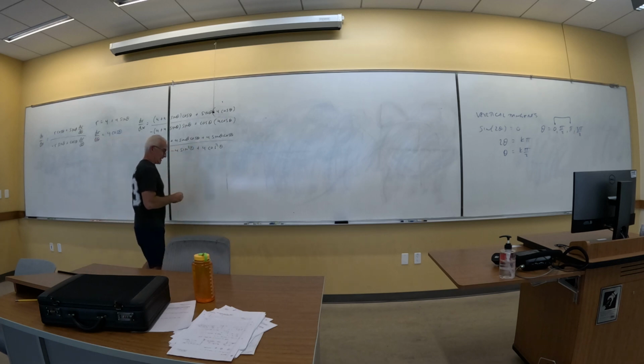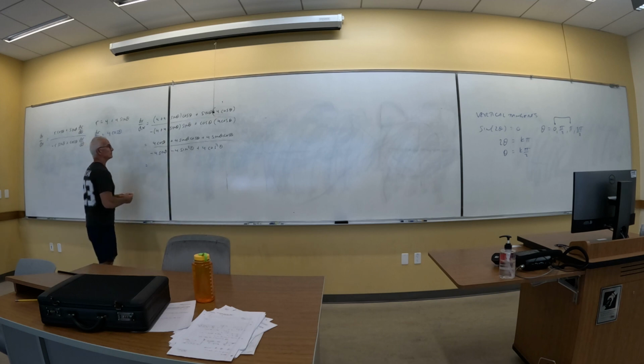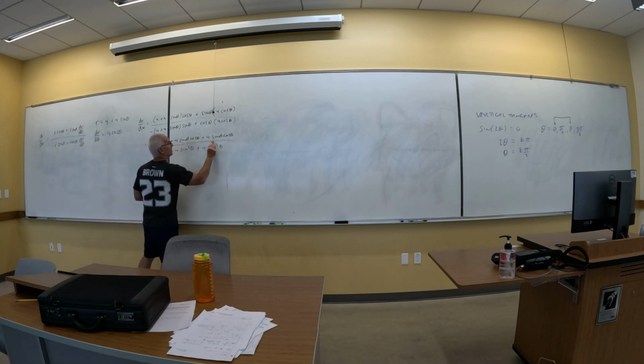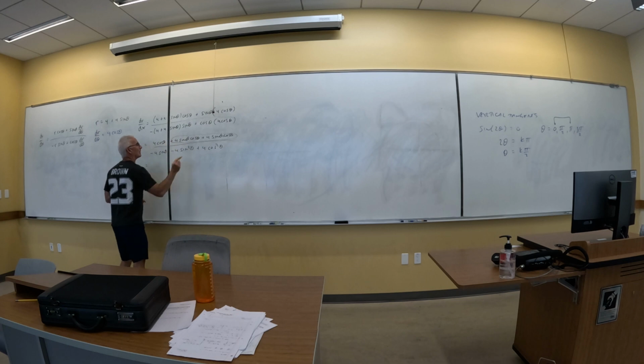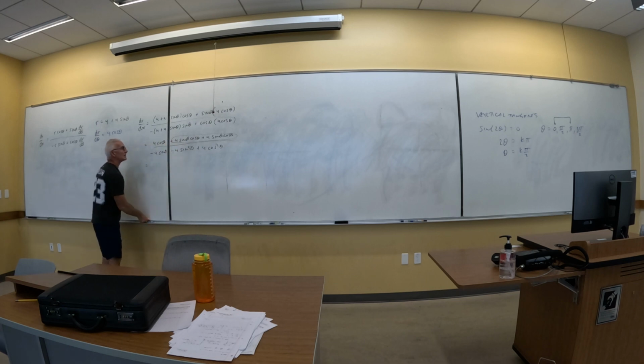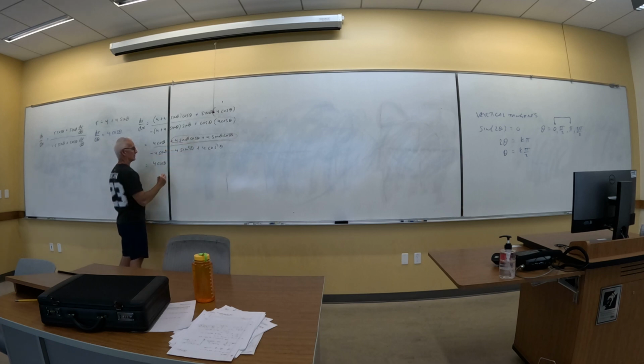I put that stuff together. Okay. What is that? Well, it's 8 sine theta cos theta. Is there a double angle formula there? 4 times 2 sine theta cos theta.